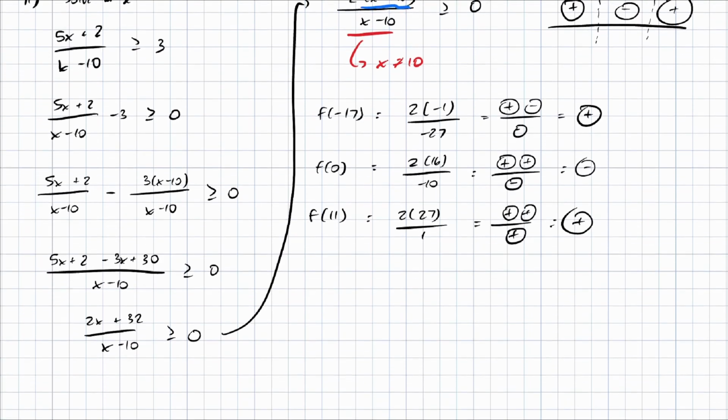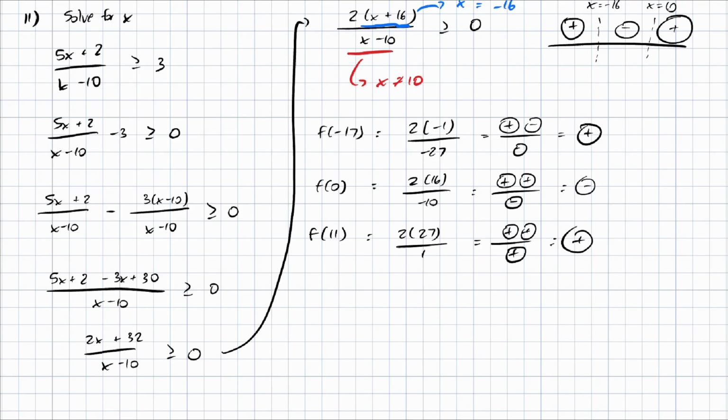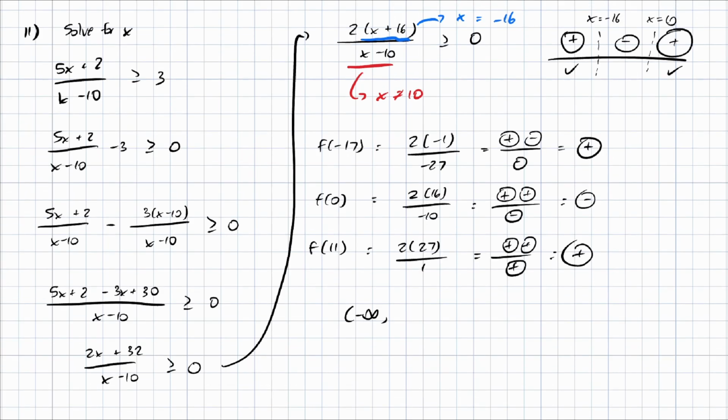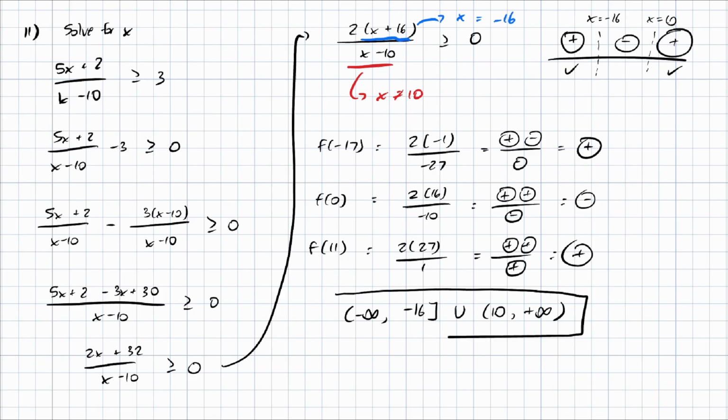So all I want is this one and this one. So negative infinity to negative 16. Now our inequality includes 0, so I put negative 16, I get 0. So that will be included in my results. Union, because I don't want anything in between. And I'll union that with 10, which is excluded because it is a restriction, to positive infinity, which of course is excluded. And that is my answer.